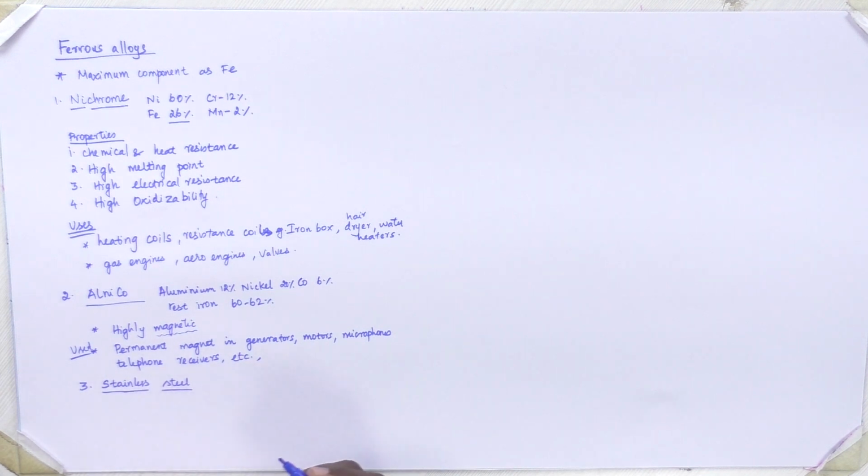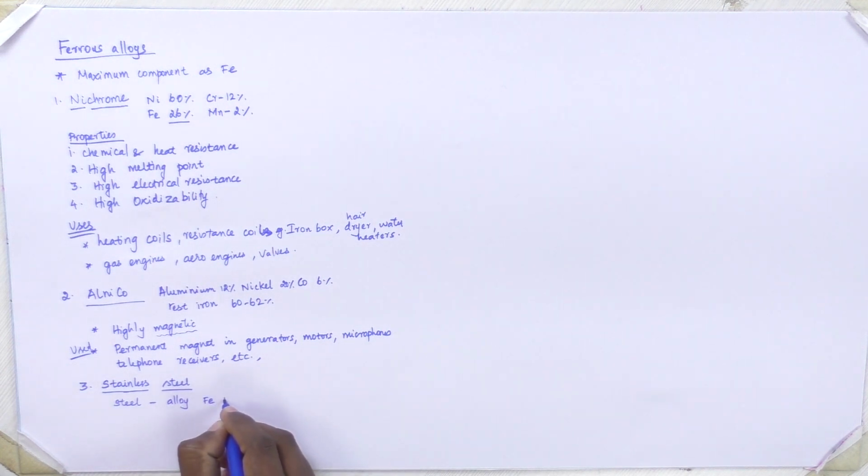So in stainless steel we have the steel part. Steel first is an alloy, and the main component is iron. In order to increase its hardness we need to add carbon to it.